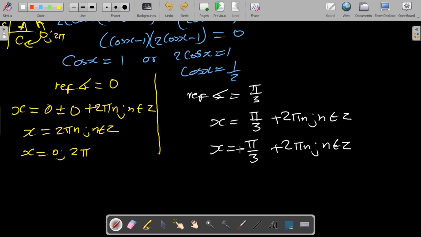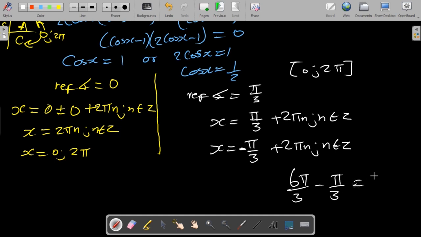This is a negative, by the way, because one of them is 0 plus, the other is 0 minus. So if you put a 0 here, this is automatically out because it's negative and the lower bound is 0. If you put a 1 in there, you have 2 pi minus pi over 3, and 2 pi is the same as 6 pi over 3.